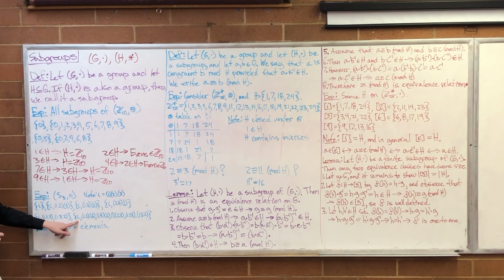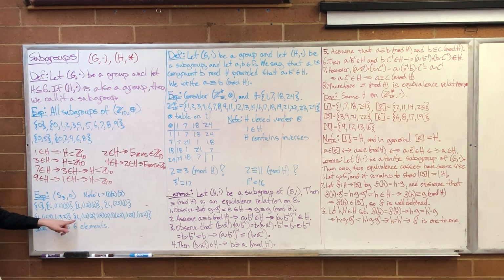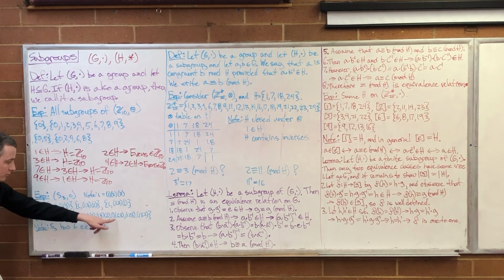Oh, sorry, this is all 6 of them. Okay. This is a set of 6 functions. The first function is just the identity. The second function maps 1 to 2, 2 to 1, and 3 to 3. This function maps 1 to 3, 3 to 1, and 2 to 2. This maps 1 to 1, 2 to 3, 3 to 2.